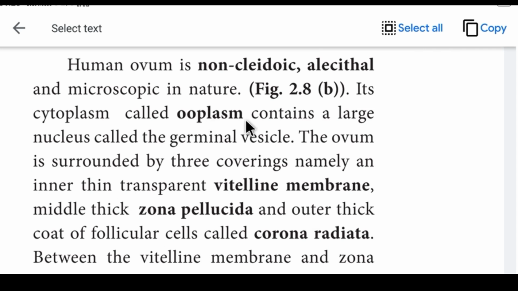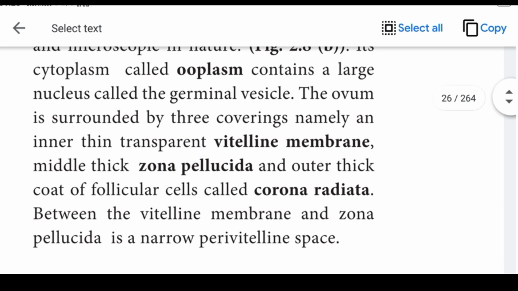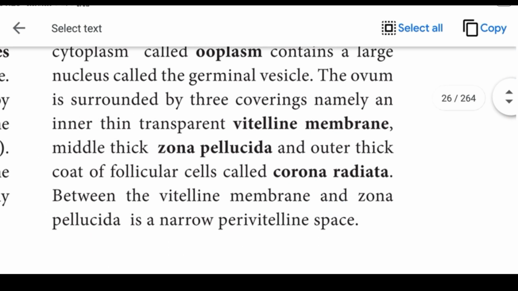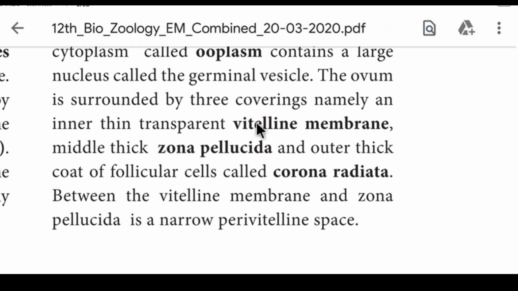The cytoplasm is called ooplasm. Inside the ovum, the ooplasm contains a large nucleus called the germinal vesicle. The ovum is surrounded by 3 coverings: vitelline membrane, zona pellucida, and corona radiata.